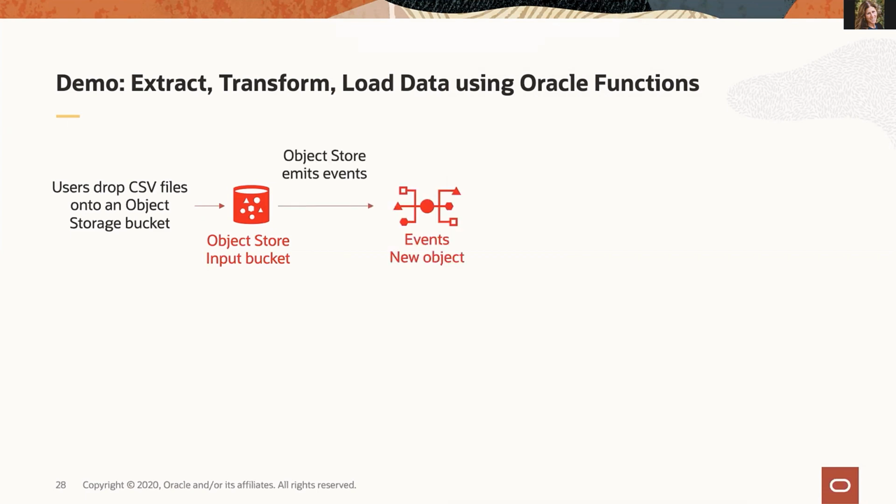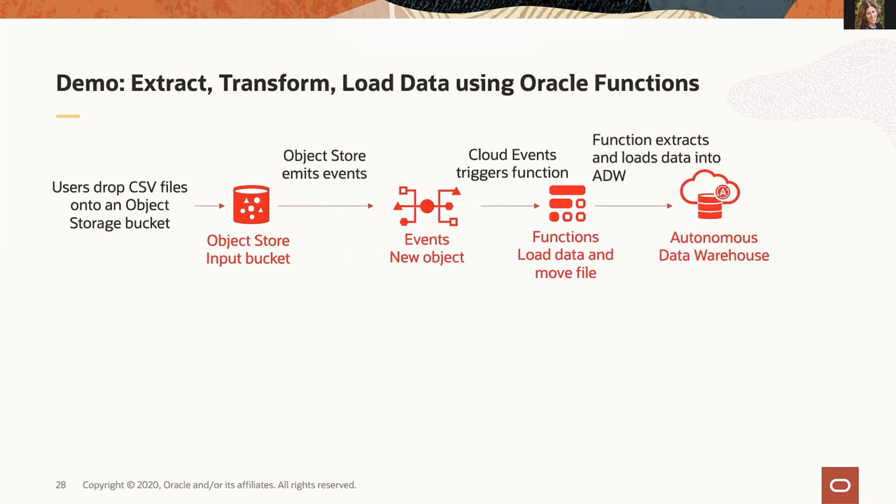Whenever a new file is uploaded to the object storage bucket, this emits an event, and the event service picks it up, and we configure a rule to pick it up and trigger a function. And that function will load that CSV file and put it in your data warehouse, in the autonomous data warehouse.